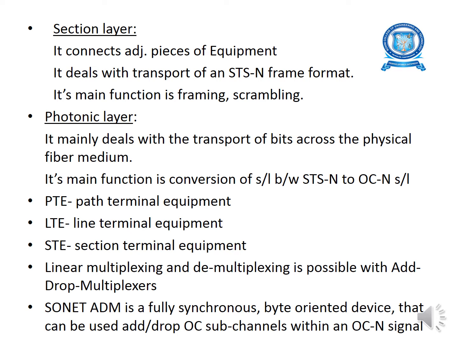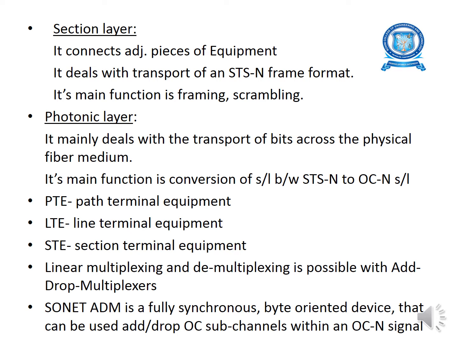Here, the transmission path, format, and speed depend upon the equipment used in the SONET layered network. We are using three different types of equipment: PTE, LTE, and STE. PTE is the path terminal equipment, LTE is the line terminal equipment, and STE is the section terminal equipment.